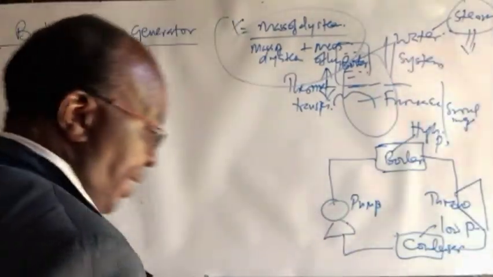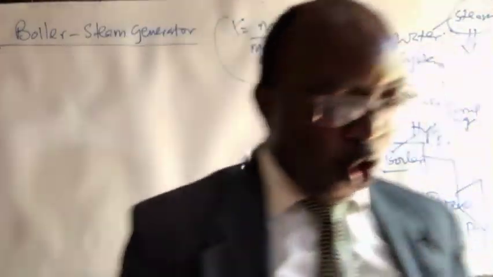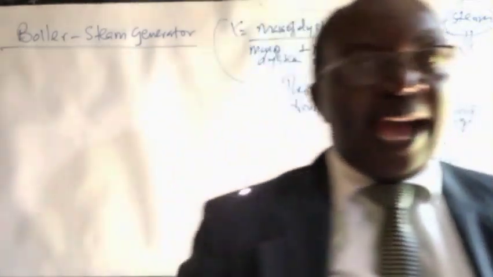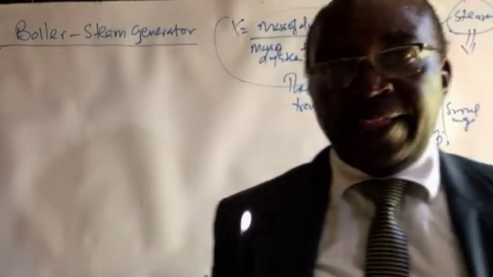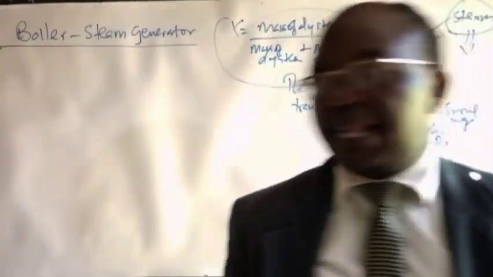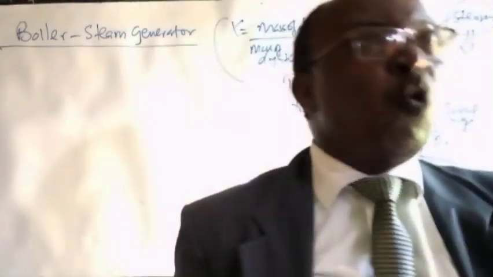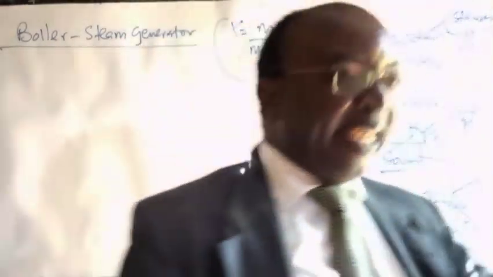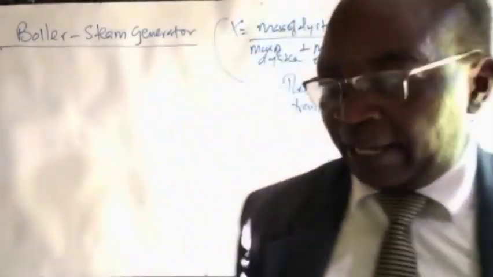Now, let us move to boilers. The boilers are not all the same. They have a classification, and for you to classify the boilers, you must know what are these particular indicators or parameters you are looking for. Let us list them down.